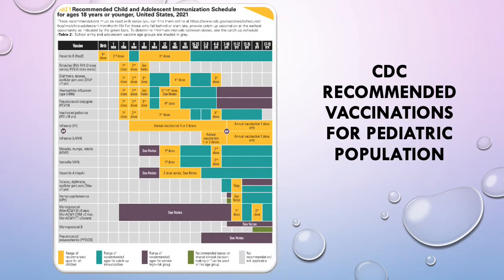And now to the CDC recommended vaccinations for the pediatric population. I inserted an image there where you can see all the vaccines that are given, at what age, and the different doses. And this one is from 2021.